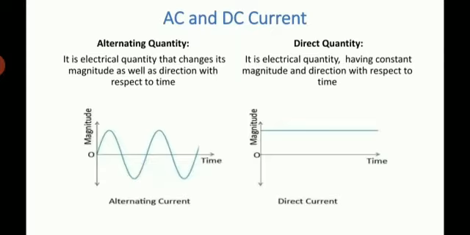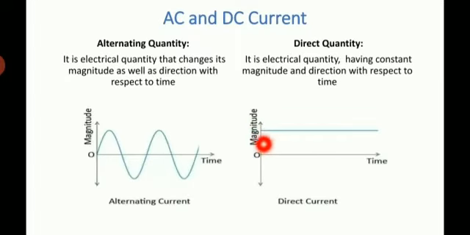So now talking about DC, DC stands for direct current. It is an electrical quantity having constant magnitude and direction with respect to time. As you can see in this waveform, the x-axis is of time and the y-axis is of magnitude. The magnitude can be voltage or current. So for example, consider 5 volt DC.